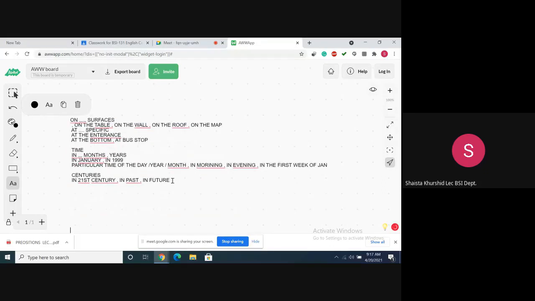Now, on is used for the timings as well, and it shows the day. So the days means on Monday, Tuesday, or it can be used for a particular day.